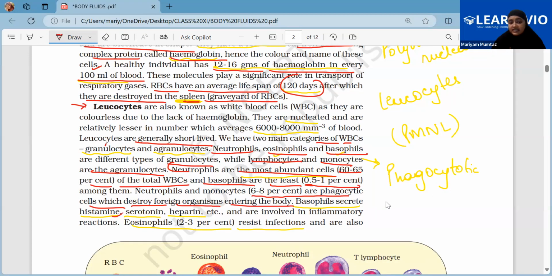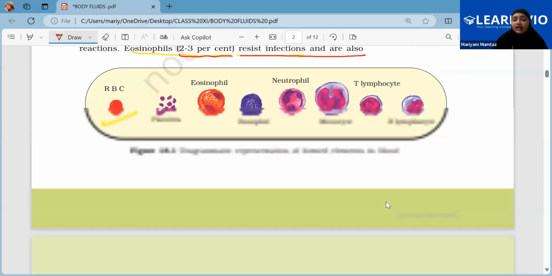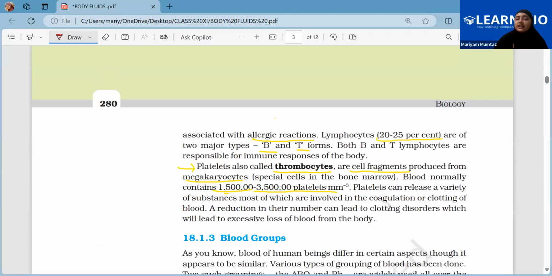Basophils secrete histamine, serotonin, and heparin, and they are involved in inflammatory reactions. Eosinophils, 2 to 3%, resist infections and are also associated with allergic reactions.